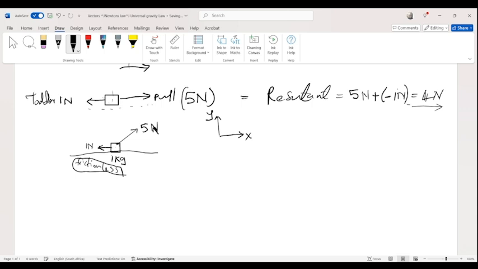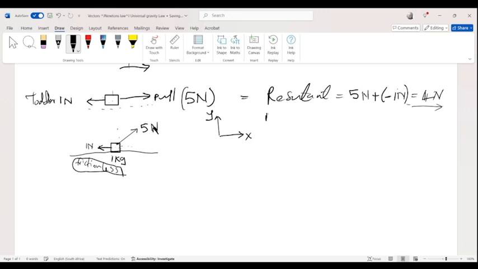We assumed that this box didn't have a mass. So let's assume that the box we are dealing with has a mass. If this box has a mass, what we know is that we have force components.